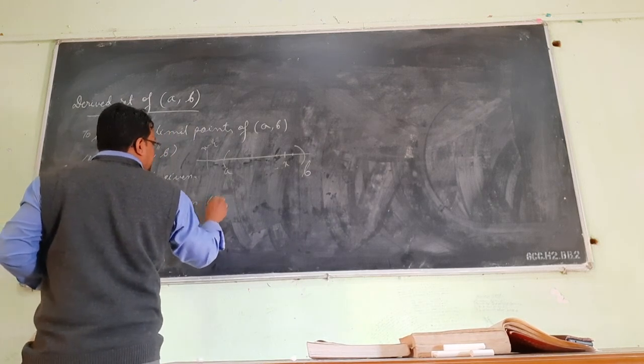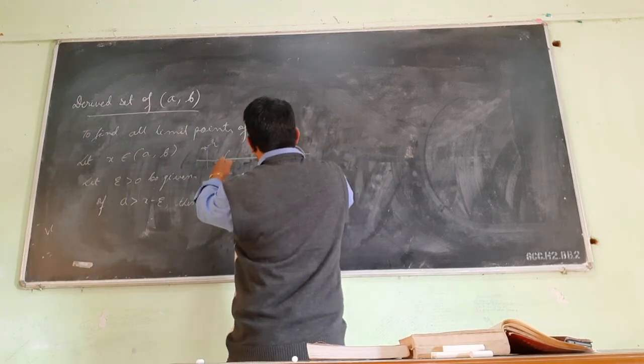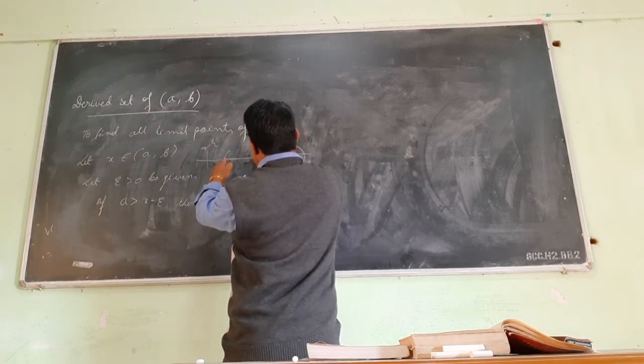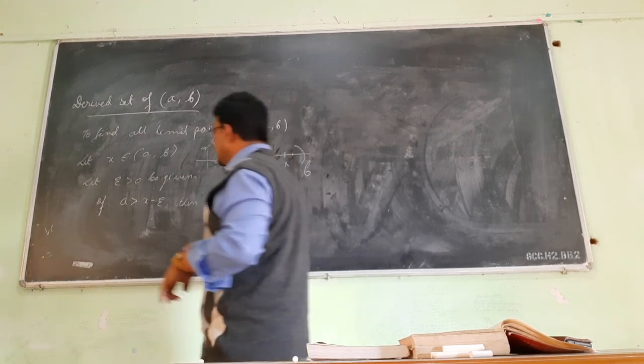the point. So we will just take the midpoint of these two, x and a. So this will be a point inside the set AB.